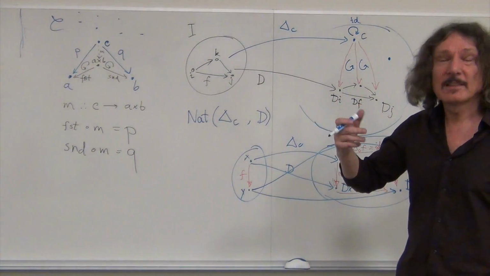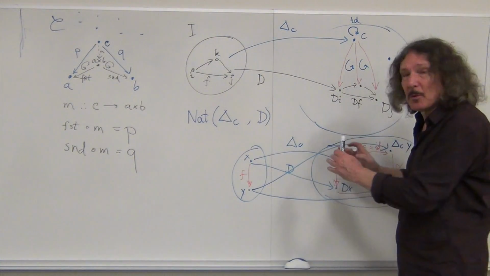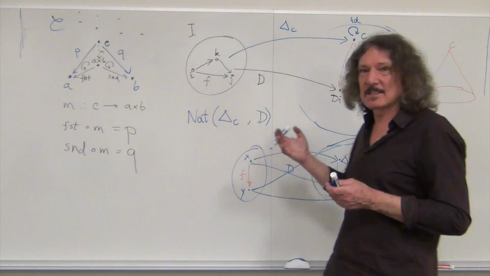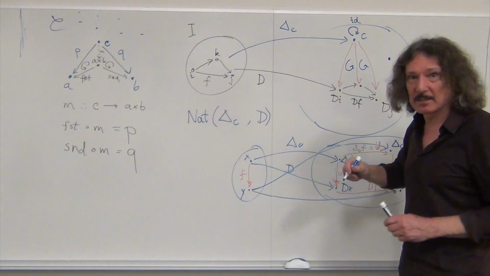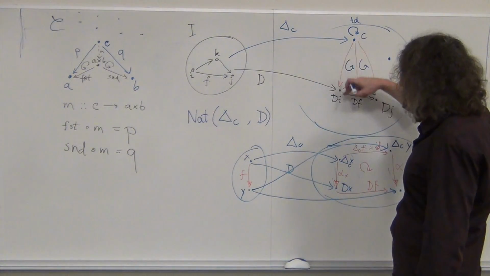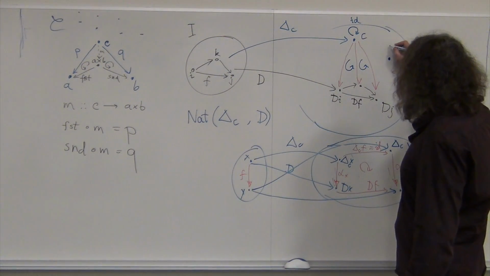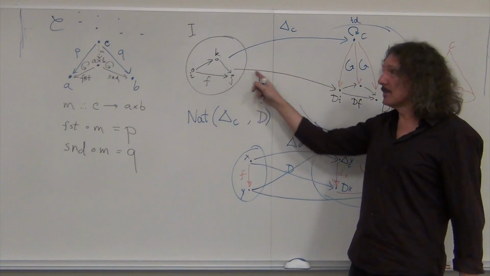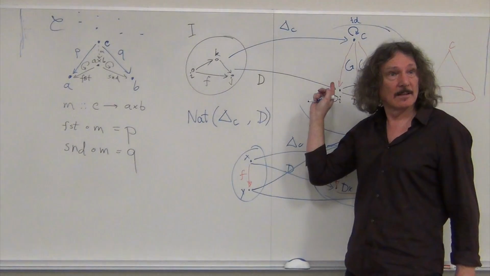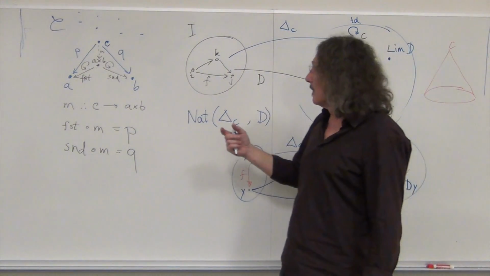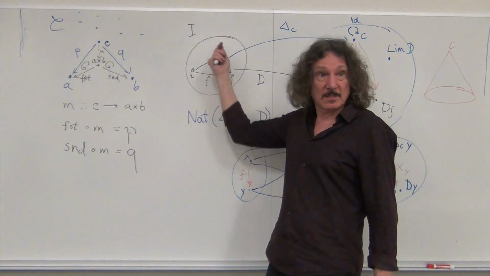Well, the limit really is the whole cone, but in most cases we just say that this object is the limit. But we understand that this object plus all these projections is the limit. So this will be called the lim D. It's a limit of this functor D. So for every D, the limit will be different, just like for every pair of objects, the product is different.